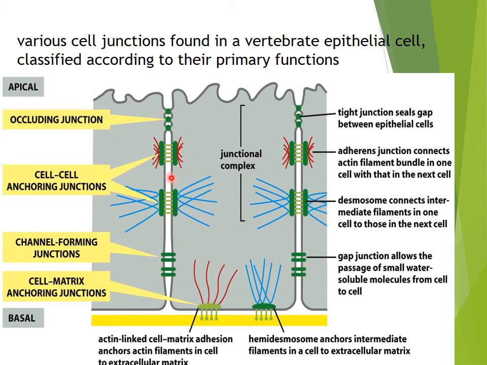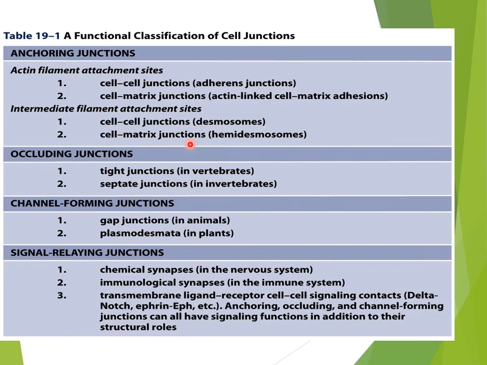So these are all the three types of the basic junctions. Functionally, they can also be classified into four basic types: the anchoring junctions, which are anchoring the two lateral surfaces, the occluding junctions, which are completely occluding the lateral surfaces, the channel forming junctions, which can help in the transmission of the substances, and the signal relaying junctions, which can transmit the chemical signals.